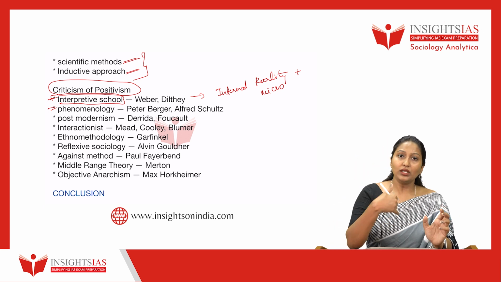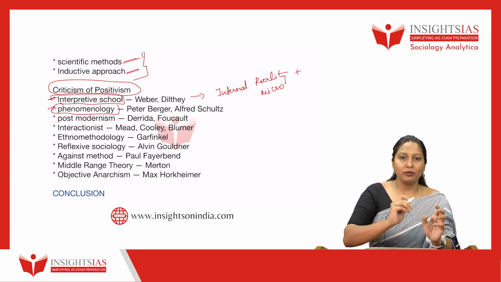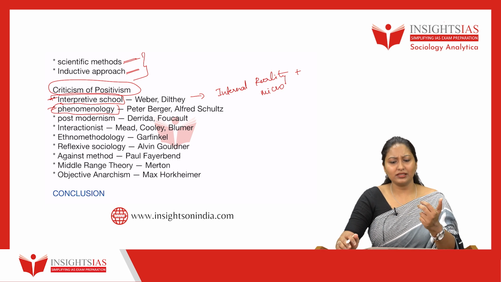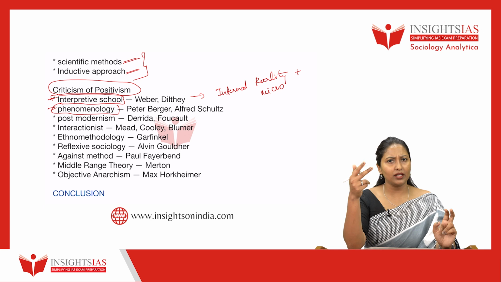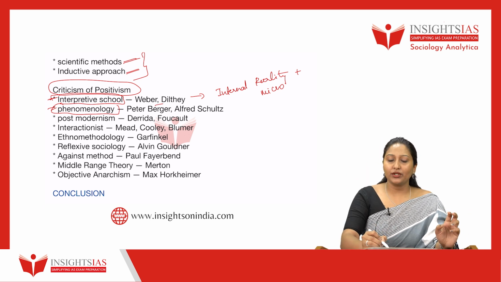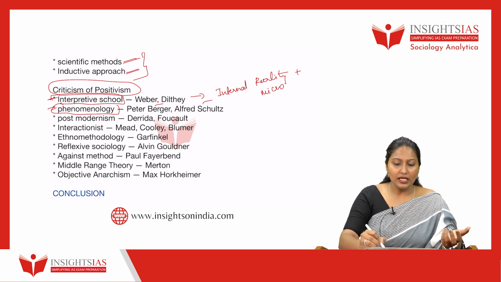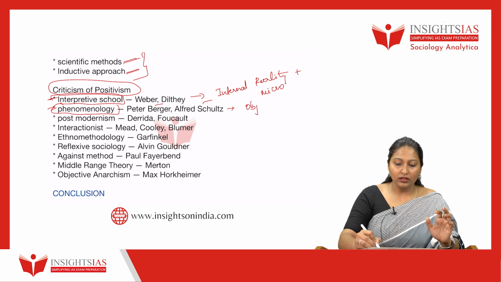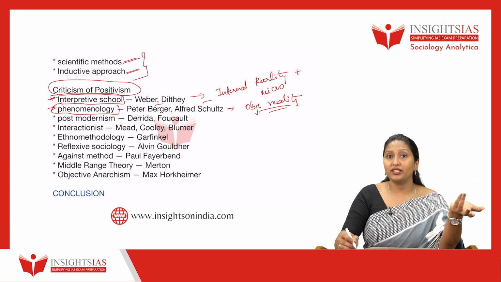Fine. Let's go to the next school of thought that criticized positivism, and that is phenomenology. Phenomenologists like Peter Berger and Alfred Schutz. Write one name, that is sufficient, either Peter Berger or Alfred Schutz. How do they criticize? Positivists study objective reality, that is, they have an objective understanding of objective reality.